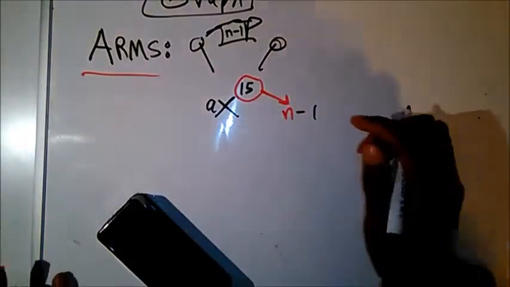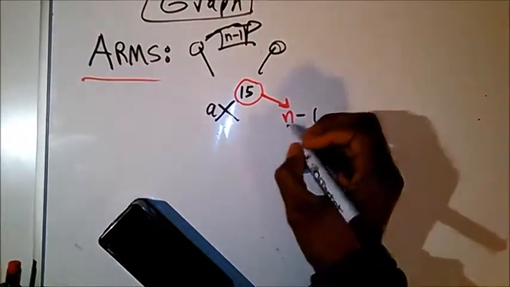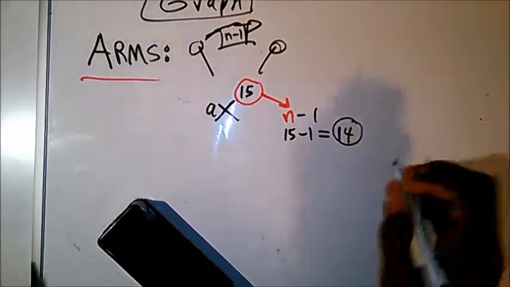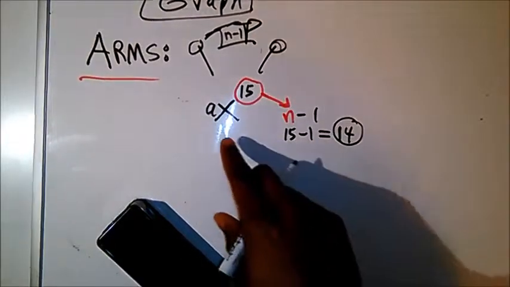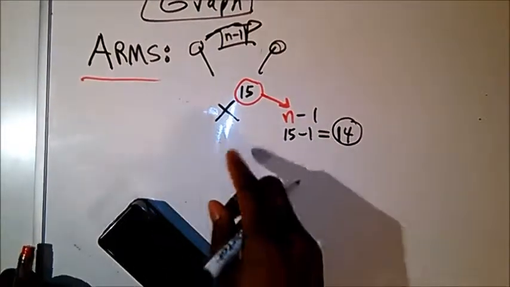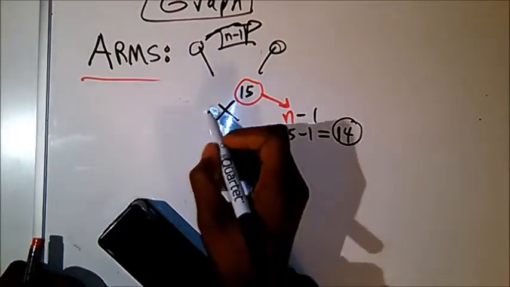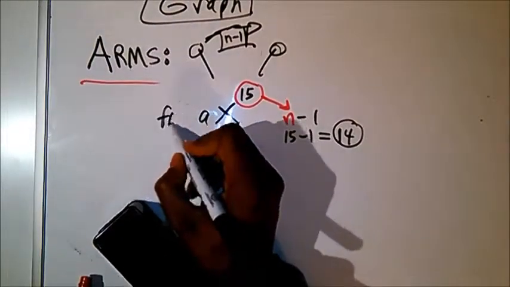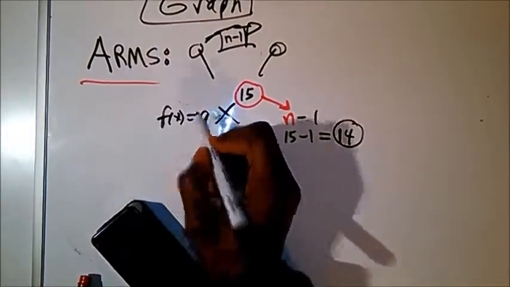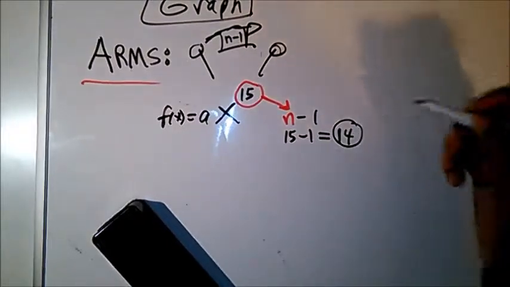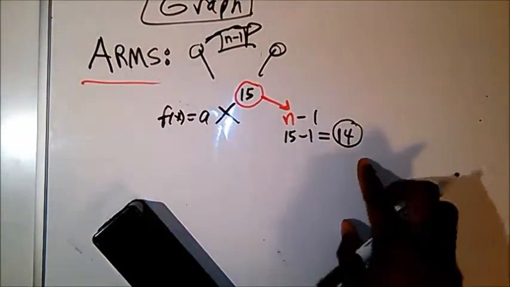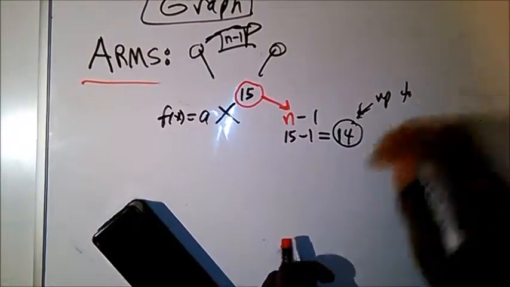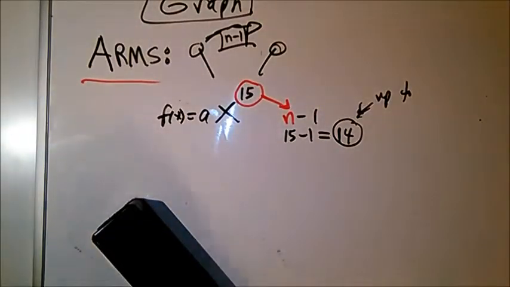In this case, our teapot, our turning point, would be equal to 15 minus 1, which equals 14. This function here, some number x to the 15th power, f of x, would have up to 14 turning points. It doesn't have to have 14 turning points, but it will have up to 14 turning points. Okay.